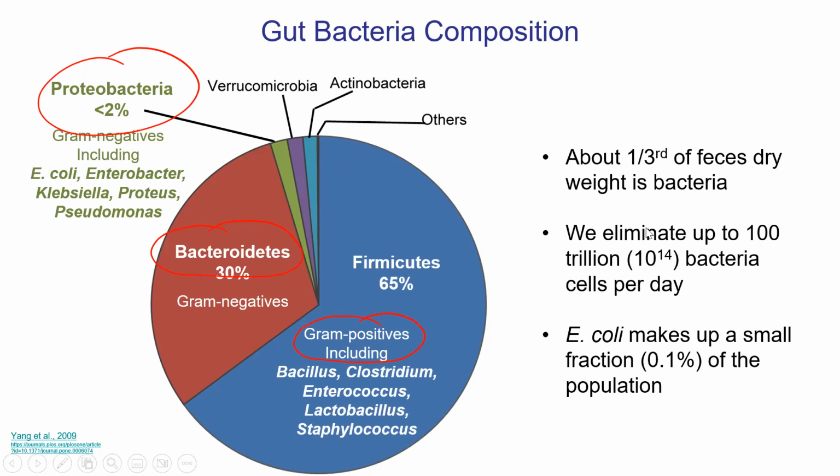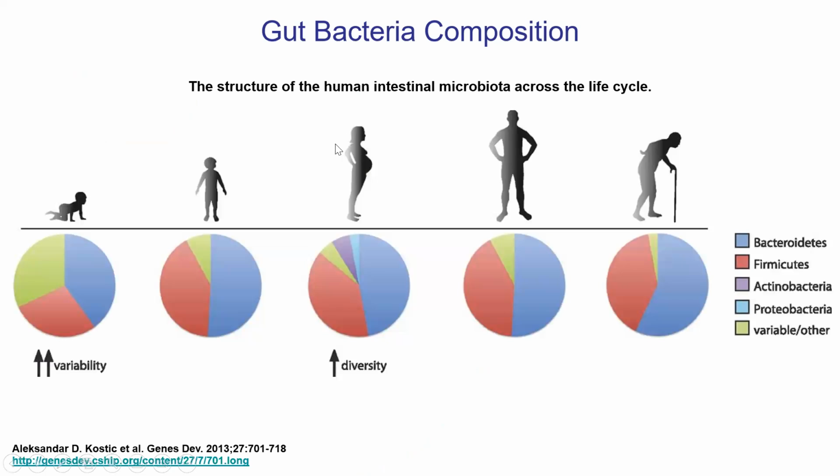But we do have many other microorganisms, of course. I found this study as well, and they're showing these graphs here, so you can see the variations as people age. It's the same colors as the previous chart, right?